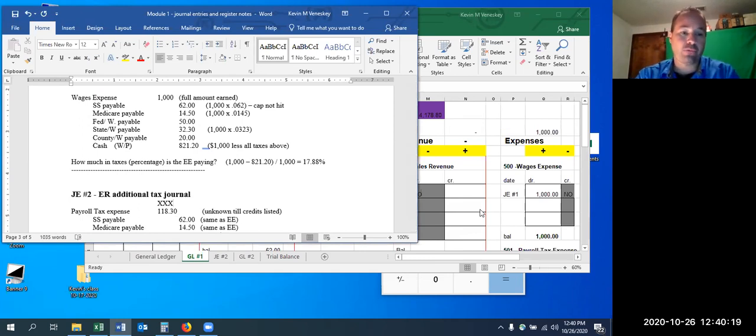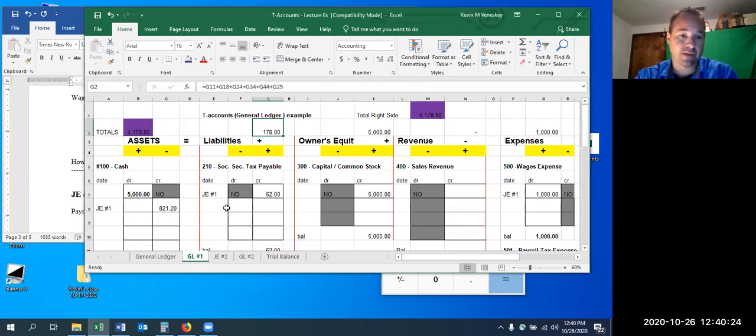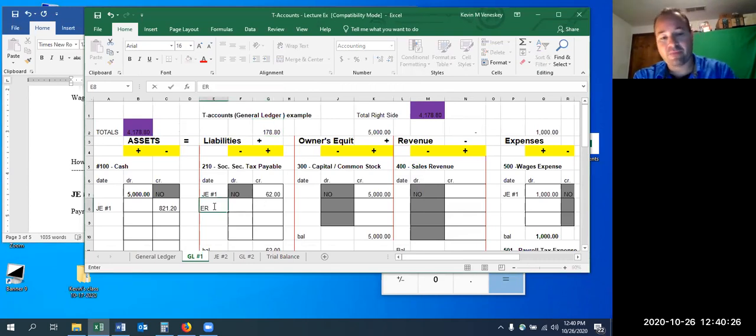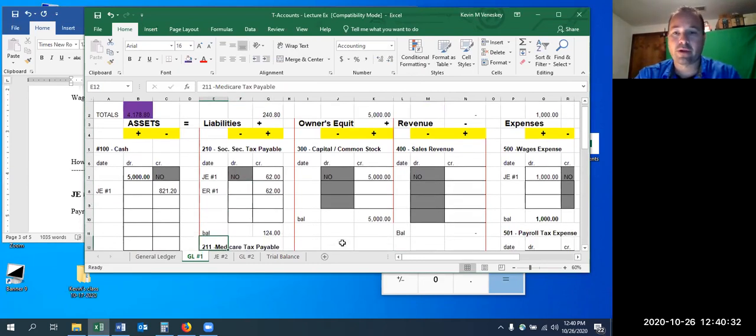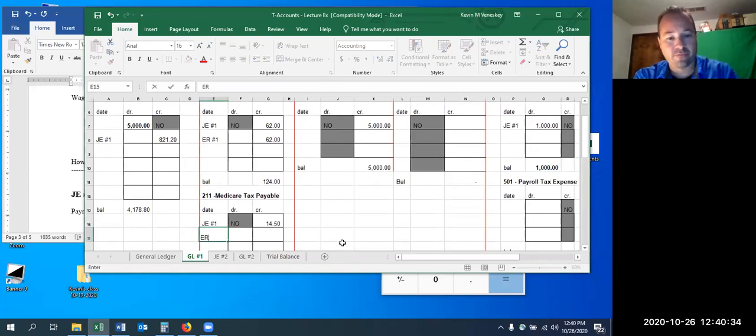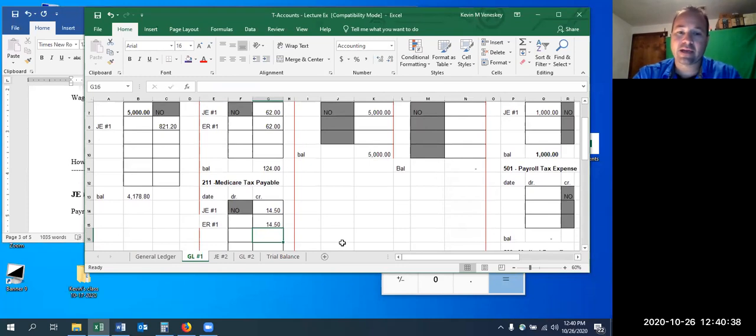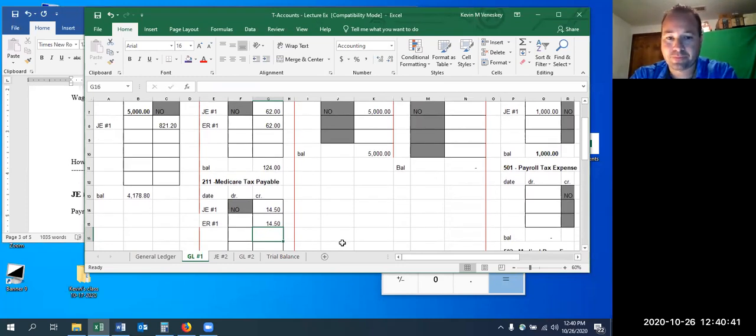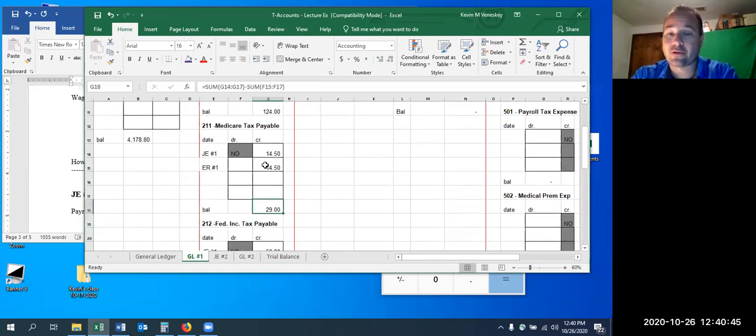So I'm going to come over and put in those 2 amounts first, 62 and 14.50. And maybe I'll call this the employer number 1, just so I know why I have 2 entries. This is the employer's journal entry for example number 1, and the employer had to pay an extra $14.50. So now there's $124 in Social Security and $29 in Medicare.